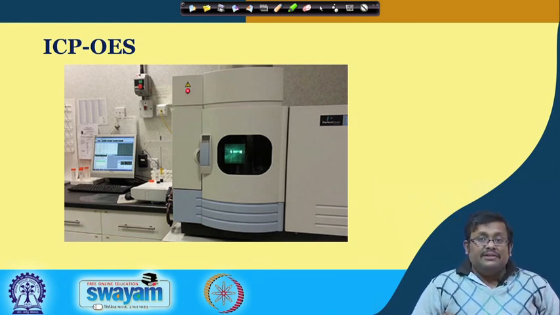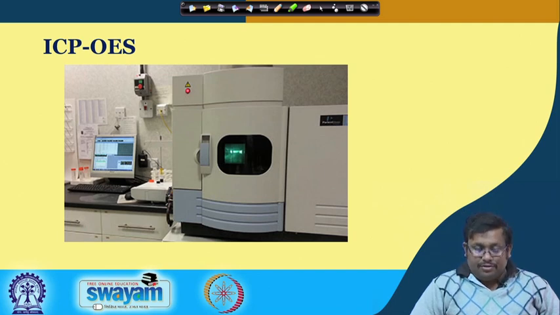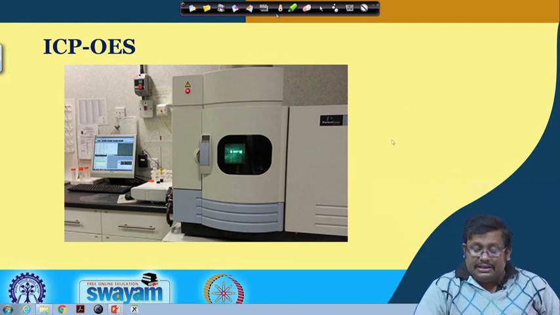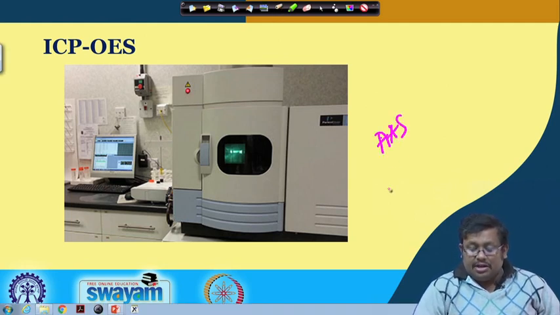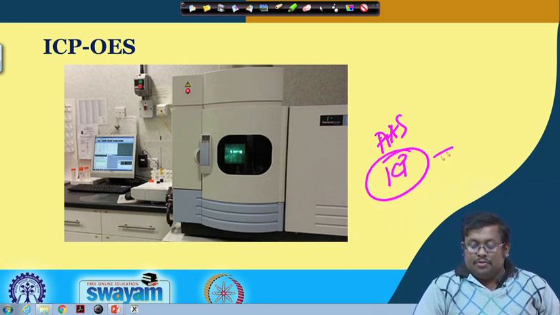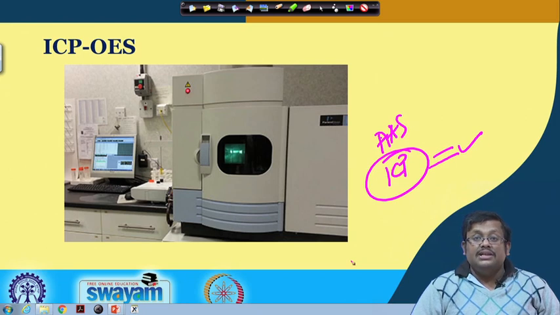This is an advanced method which works on optical emission spectroscopy. Another available method is atomic absorption spectroscopy, or AAS. These are the two methods scientists generally use, but ICP is much more precise, I would say.